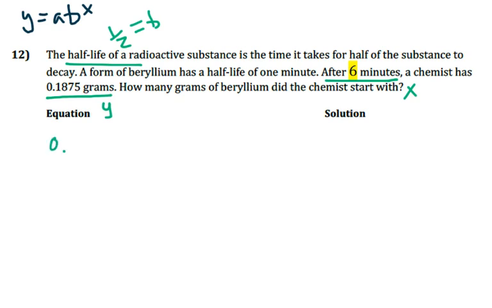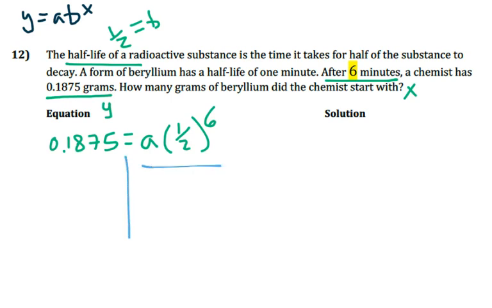So we have 0.1875 is equal to a times 1/2 raised to the 6th power. We're going to divide by 1/2 raised to the 6th power on both sides of our equation.